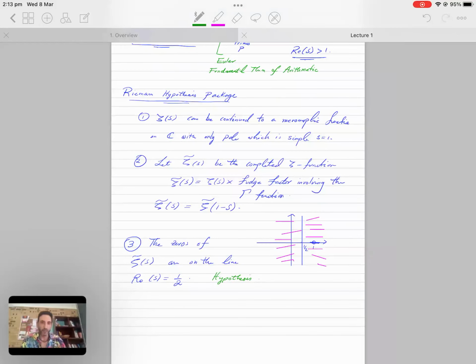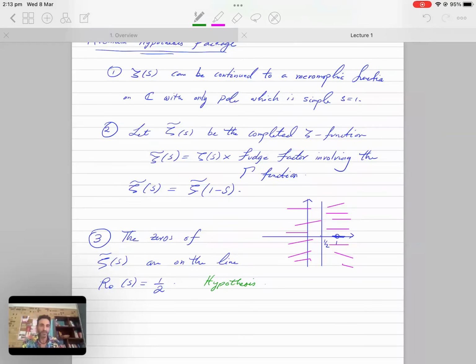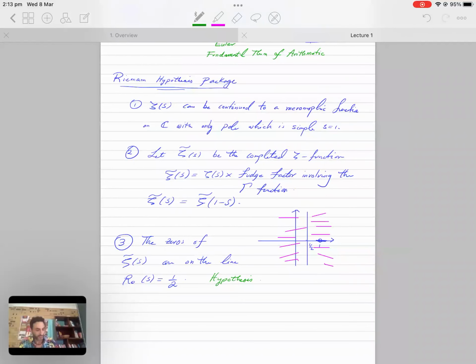All right. And the reason for great interest in this set of conjectures is because the zeros of zeta, or the hat, controls the distribution of primes.